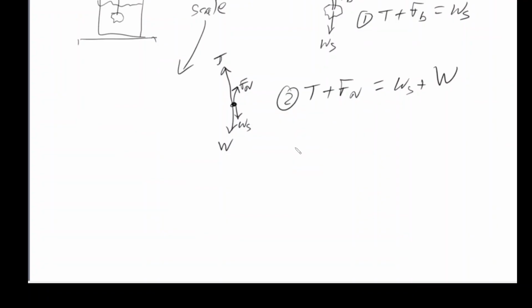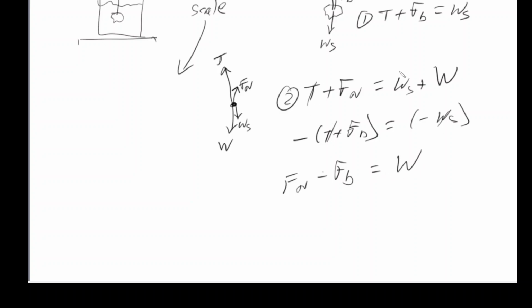So we want to subtract 1 from 2. If we take equation 2 and subtract equation 1, T plus F_B equals W_s, we end up with F_N minus F_buoyancy is equal to W, because these cancel out.